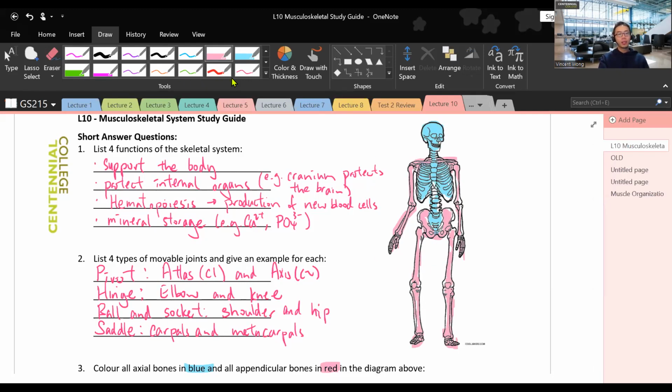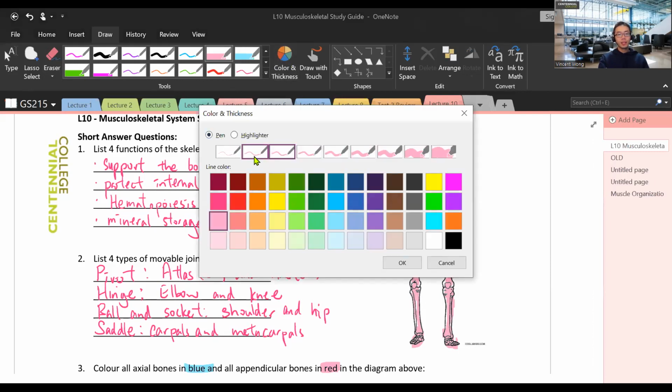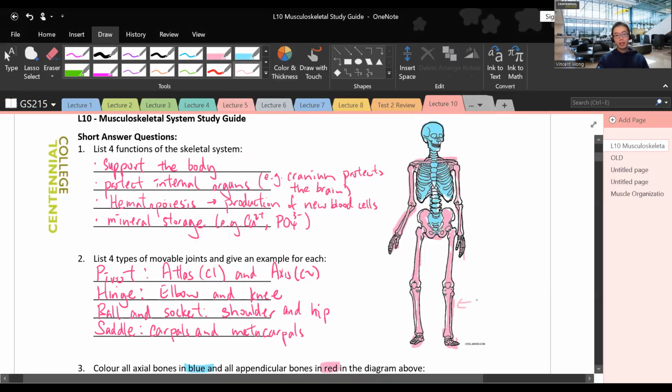Okay, so the pink one here, appendicular. Blue stuff, axial.